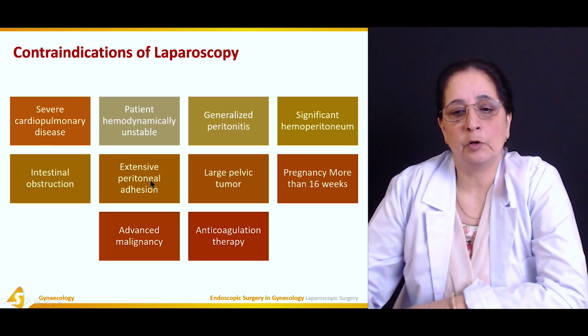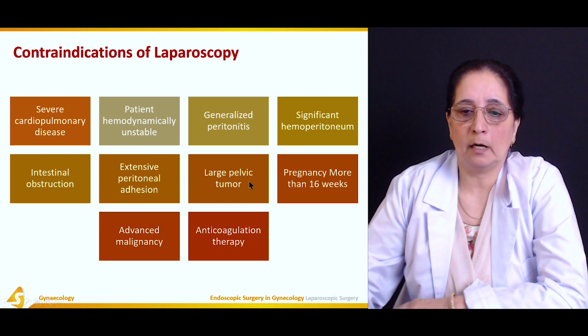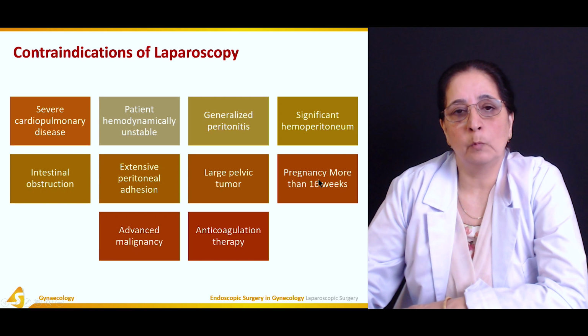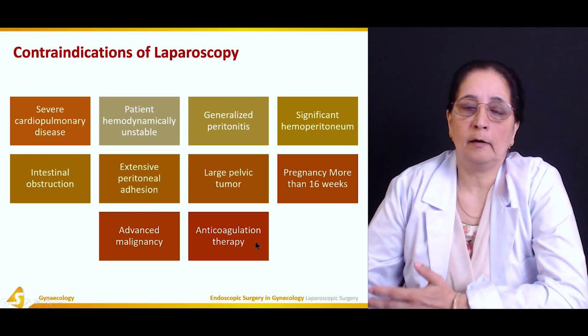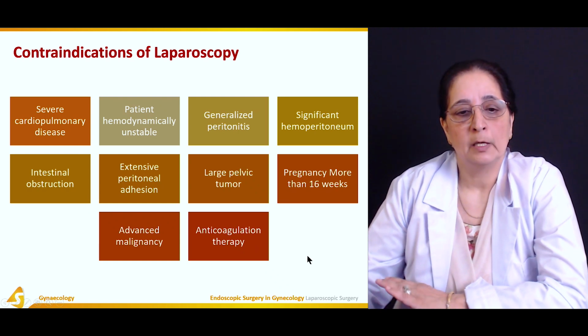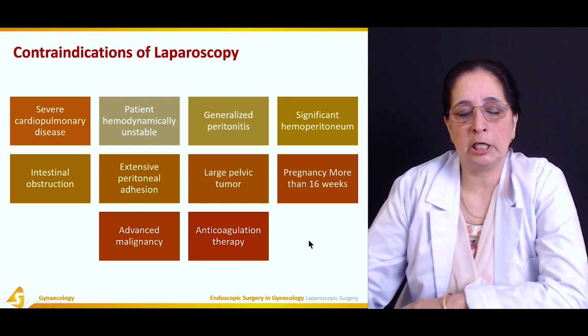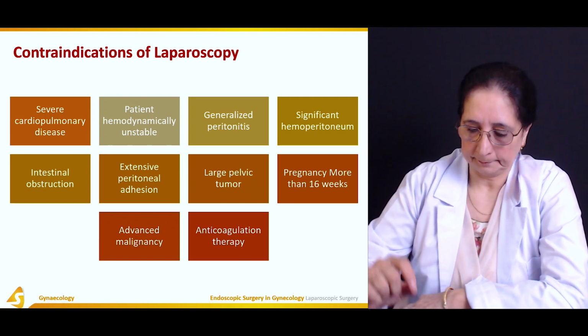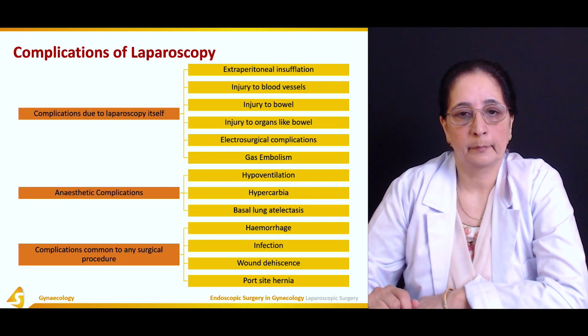That's also a contraindication. If there is a large pelvic tumor, or a pregnancy of more than 16 weeks, it should not be performed. If there is an advanced malignancy, or if the patient is on anticoagulation therapy, there are chances that the patient will bleed more after the procedure. So these are all the contraindications in which laparoscopy cannot be performed.